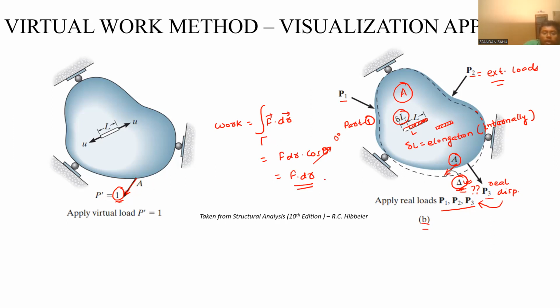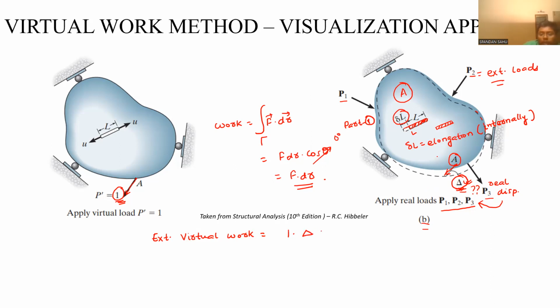Now this is a virtual load, so the work done here will be the external virtual work. That will be equal to 1 into this delta.